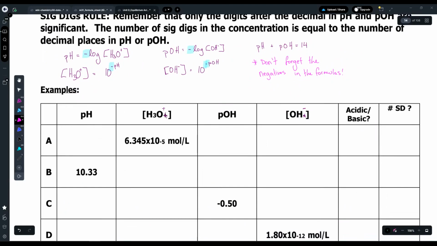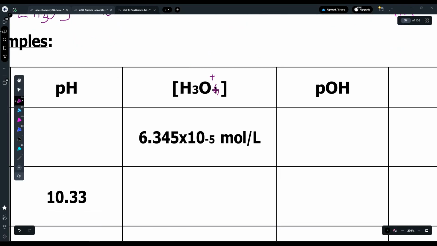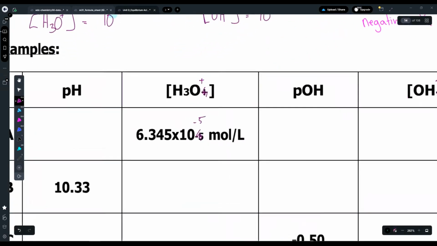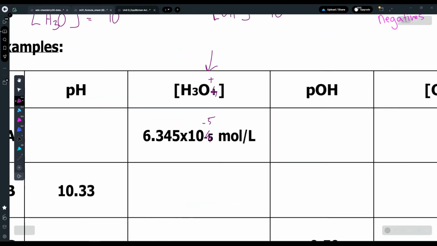Okay, so let's get started with row A here. So we're given the concentration of hydronium ions, and this should be 6.345 times 10 to the power of negative 5. So that negative 5 should be written as an exponent. So if I'm looking here, this is a concentration that we're given.